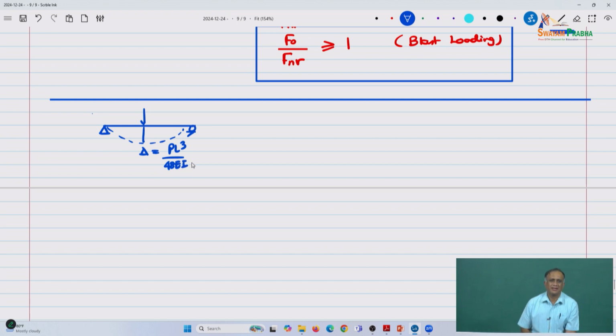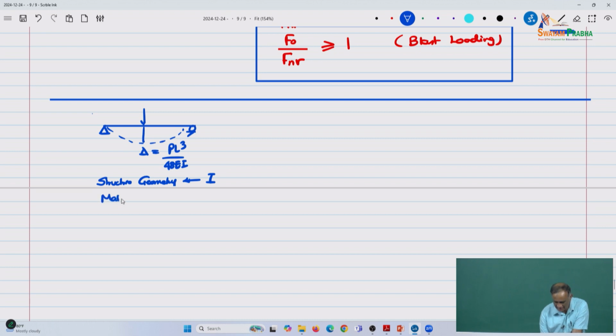So there is the structure. There are two things associated with it, right? One is the structure geometry. The structure geometry comes into play in terms of I. So that's your structural stiffness from the geometry perspective.